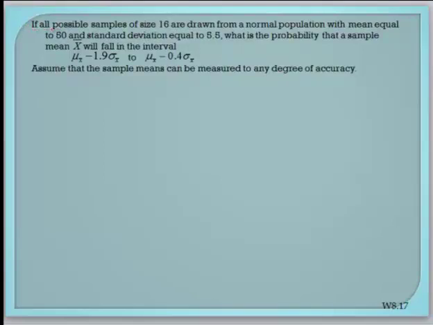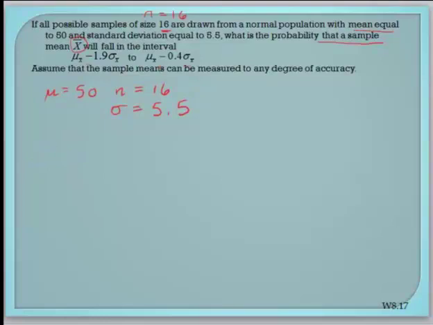We're told that if all possible samples of size 16, in other words n equals 16, are drawn from a normal population with mean equal to 50 and standard deviation equal to 5.5, what's the probability that a sample mean, x bar, will fall within this interval right here? This is actually much more straightforward than you might think.